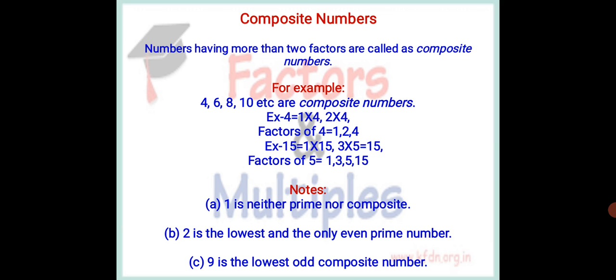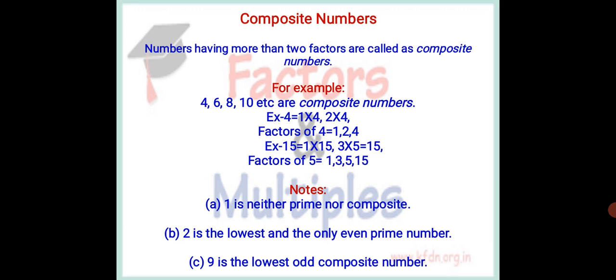For example, 4, 6, 8, 10, etc. are composite numbers. Example, 4 equals 4 into 1 or 2 into 2. So the factors of 4 are 1, 2 and 4.